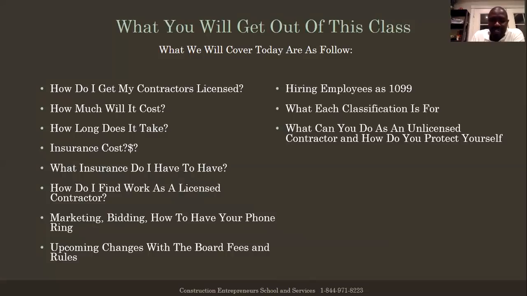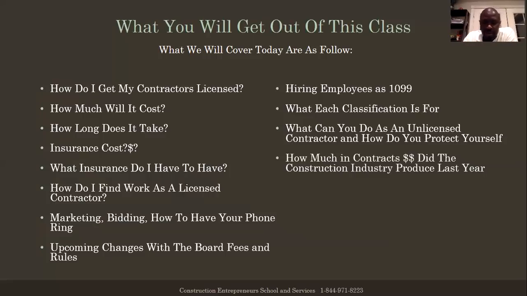What can I do as an unlicensed contractor, and how do you protect yourself? Because you still need to do work up to getting your license, you really need to know that little gray area you can stay in while you're an unlicensed contractor working to be a licensed contractor, and how to protect yourself.